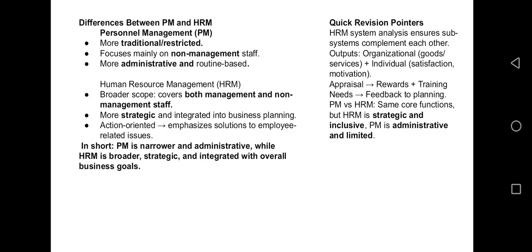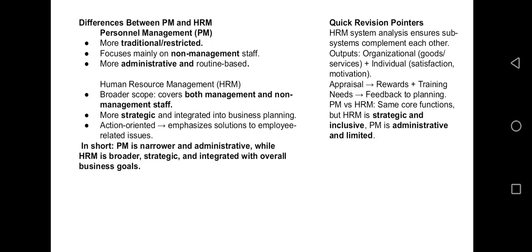Human resource management, HRM, has broader scope, covers both management and non-management staff, is more strategic, integrated into business planning, action-oriented, and emphasizes solutions to employee-related issues. In short, PM is narrower and administrative, while HRM is broader, strategic, and integrated with overall business goals.